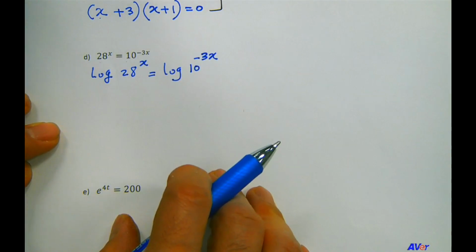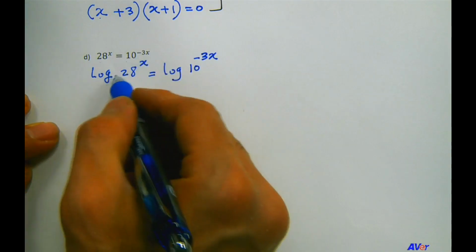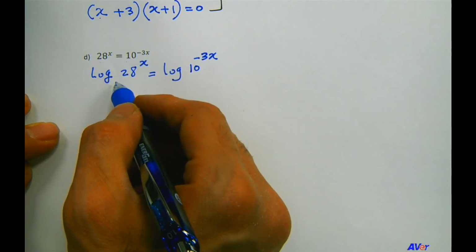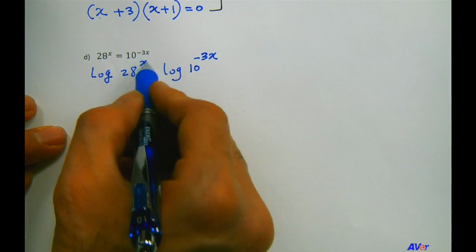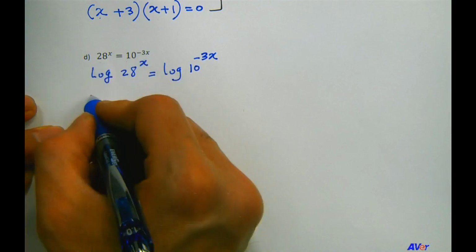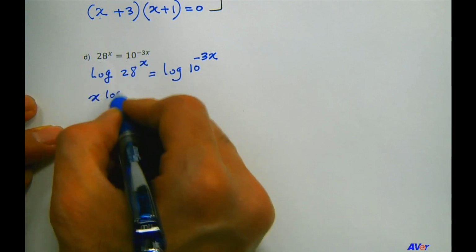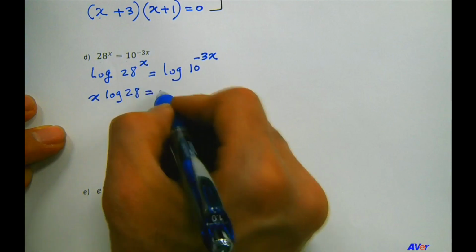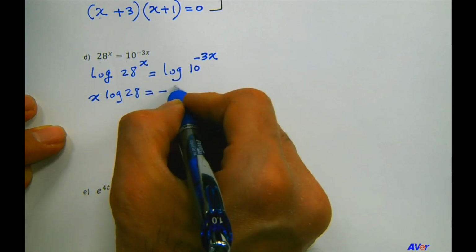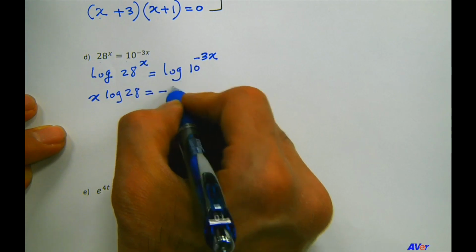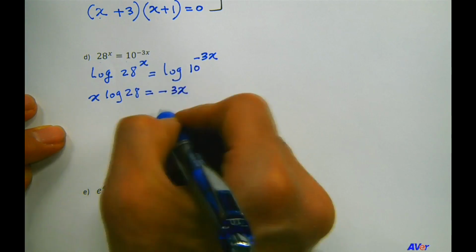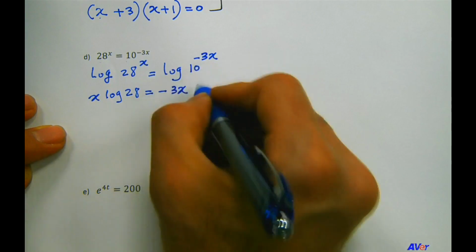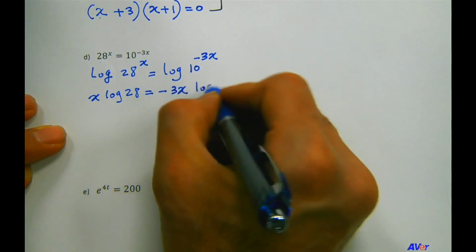Okay? So then on the left, remember the properties that we learned about in the last video? That power can come in front, right? So x log of 28 is equal to minus 3x times log of 10.